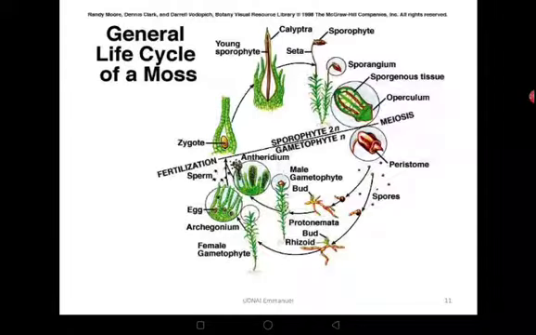So the sporophyte will begin growing, and it is still attached to the gametophyte. And then when it matures, the sporophyte will undergo meiosis and will produce spores that are haploid, and those spores will again be dispersed, and then the cycle repeats itself.